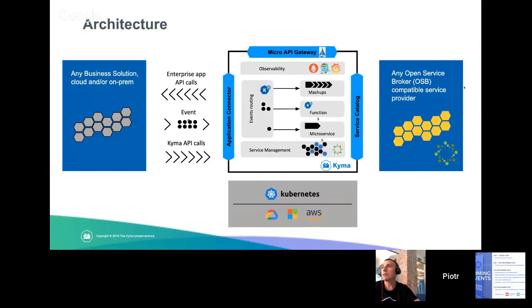On the right-hand side, you have any Open Service Broker service provider. Right now we have open service brokers for Azure, for AWS, and for Google. All these three big hyperscalers have open service brokers that expose the services they offer in a consistent API that is consumable by the service catalog.